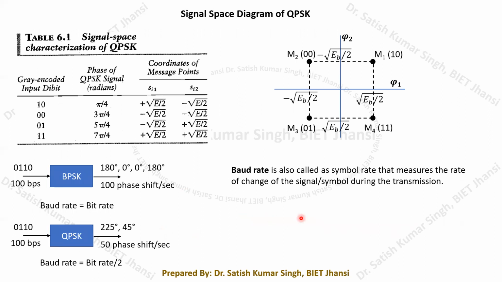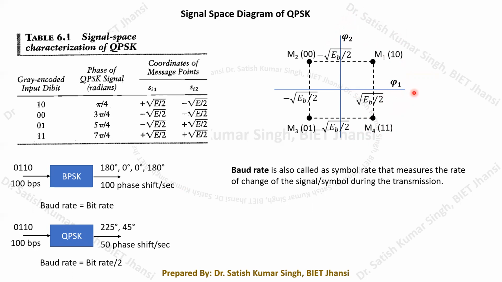If this axis represents cos theta and you add 90 degrees, the function will become minus sine theta. When you subtract 90 degrees, this will become positive sine theta. So that's why in this particular axis we have the positive axis.